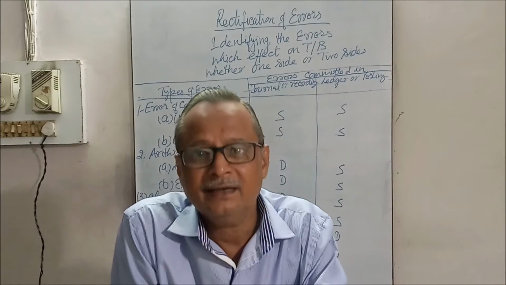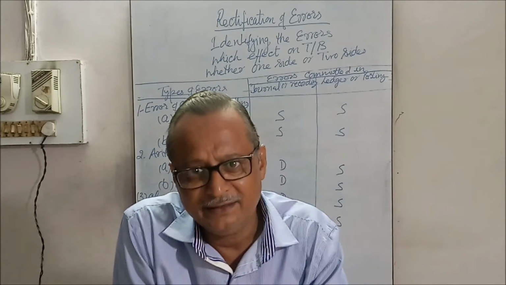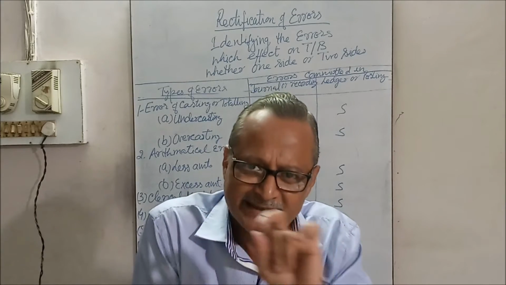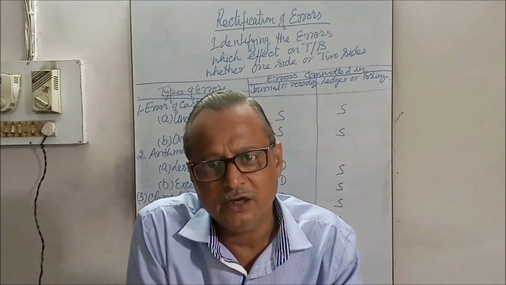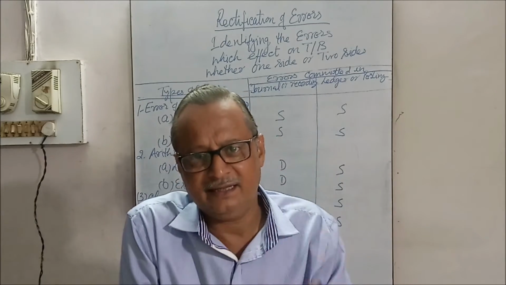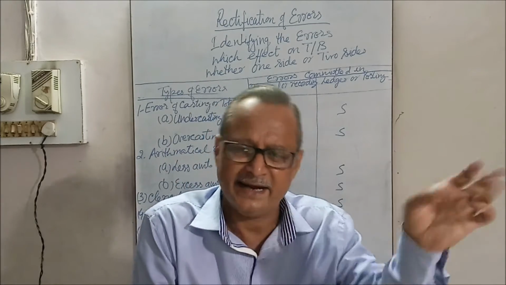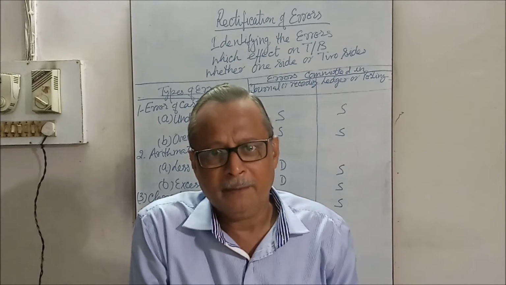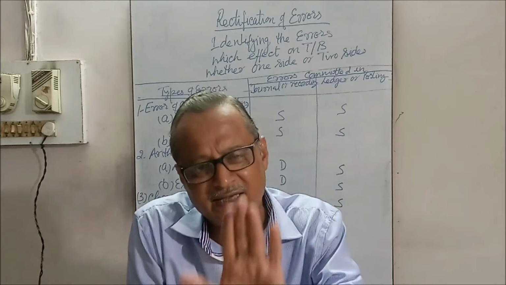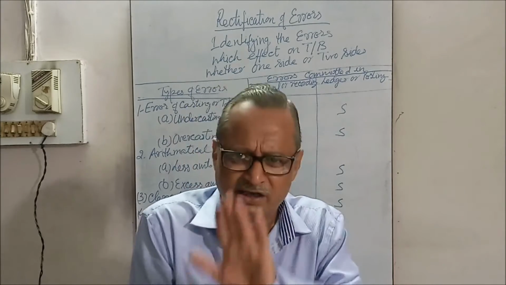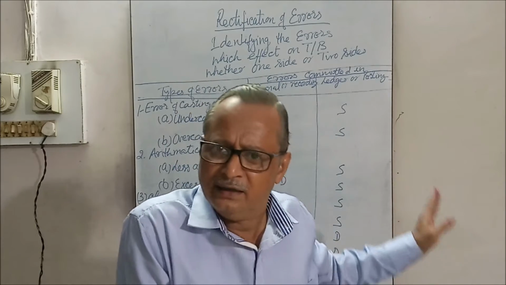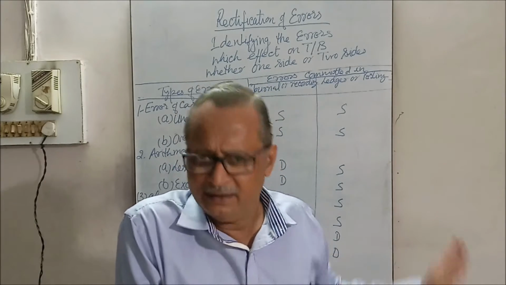A single-sided error is rectified before preparation of trial balance by writing a single statement using the word "to" or "by", to correct only one side. The other side is already correct. But if it is detected after preparation of trial balance, then we will pass the journal entry. What journal entry we will pass, to rectify, we will learn later.